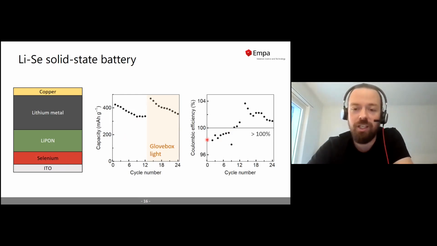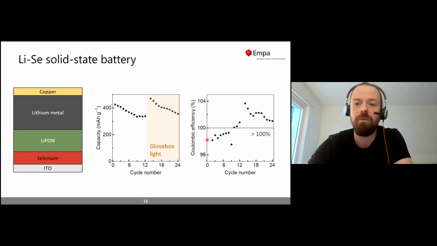And if we now look at the Coulombic efficiency, this means how much charge we get out for all the charge we put in while charging and discharging the battery. We clearly see that during illumination, this Coulombic efficiency goes above 100% because this is a photoactive material, and we have some additional charges due to the illumination.